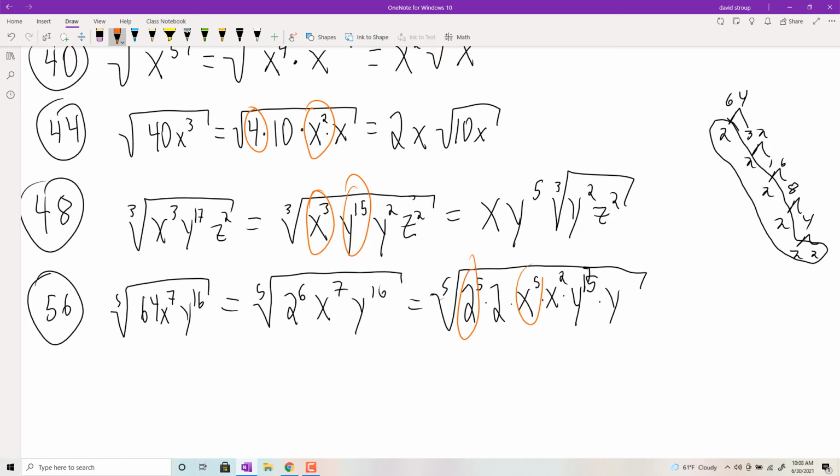This guy, and this guy. Okay, so I can march those out. I'll have just 2x y to the, sorry, y to the 3rd. 15 divided by 5 is 3. And then I have the 5th root of the leftover bits, 2x squared y.